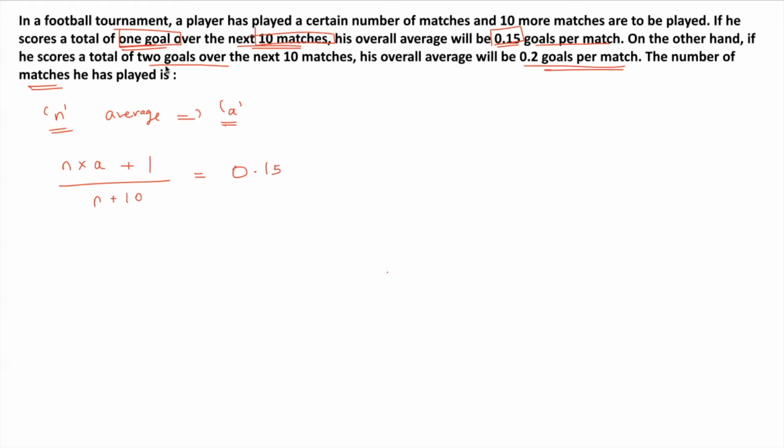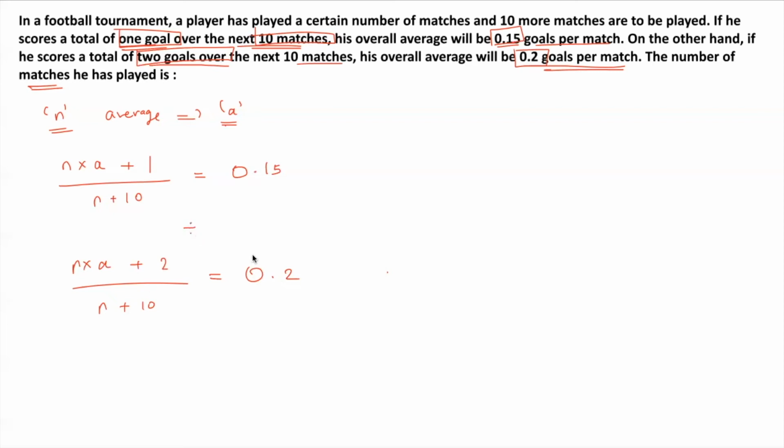From the second condition, if he scores a total of 2 goals in the next 10 matches, his overall average is 0.2. So n multiplied by a, the total up till the first matches, plus 2 goals, divided by n plus 10, is equal to 0.2. Now, next step will be to divide these two equations.